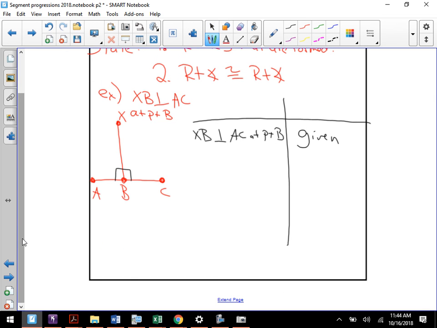The two angles that are created are angle ABX and angle CBX are right angles. You have to say what the angles are before you can say that they're congruent.